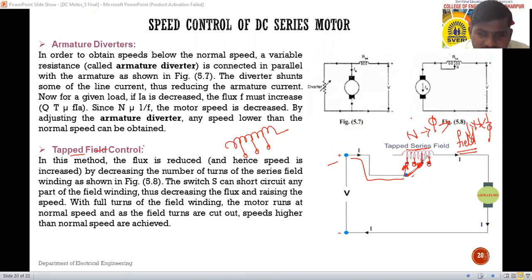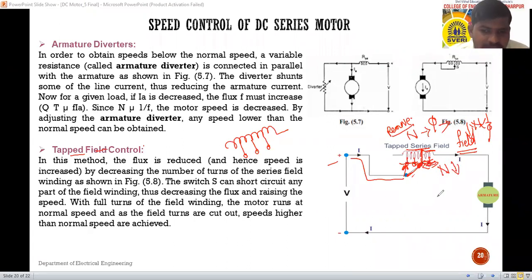So only this number of turns are present for the current. The current will flow through only this turn, and the remaining turns are removed from the circuit, or they are not connected to the current circuit because tapping is provided. Due to this the number of turns of the field winding decreases.